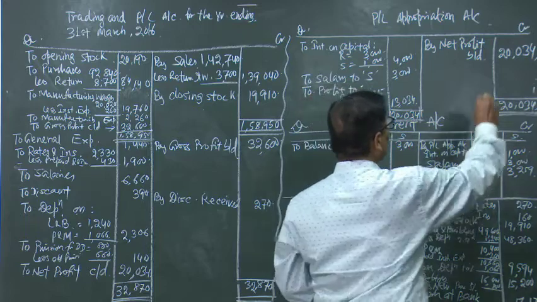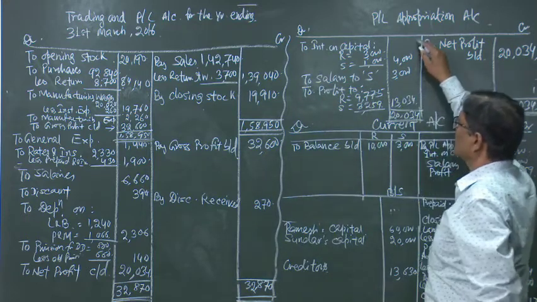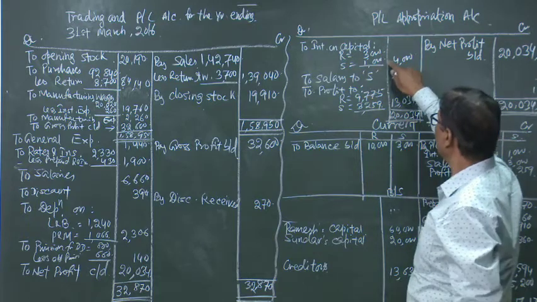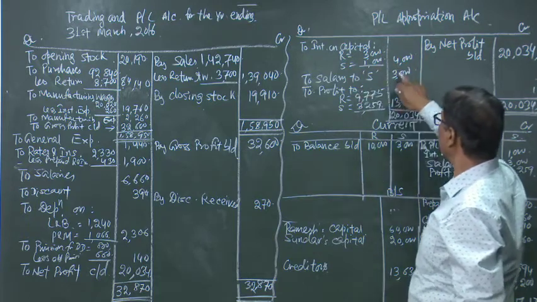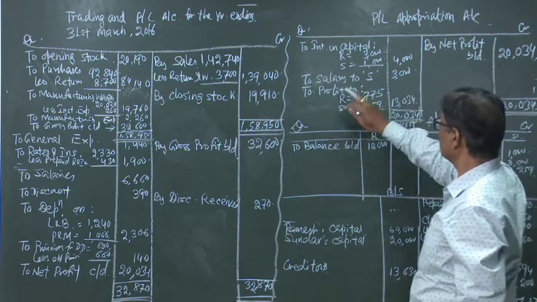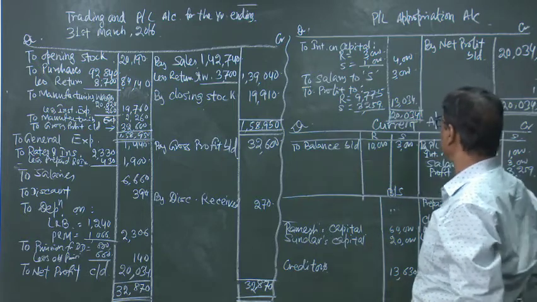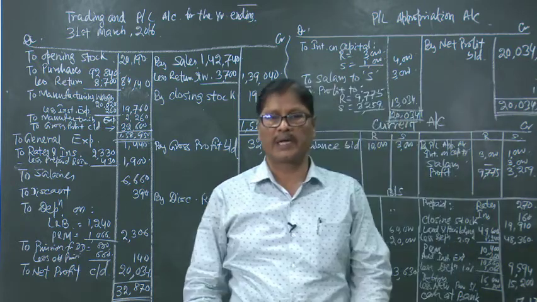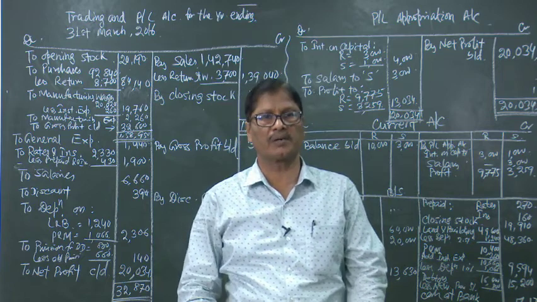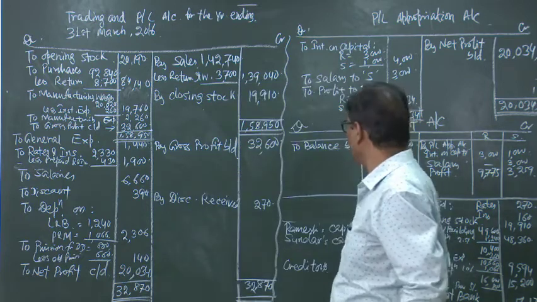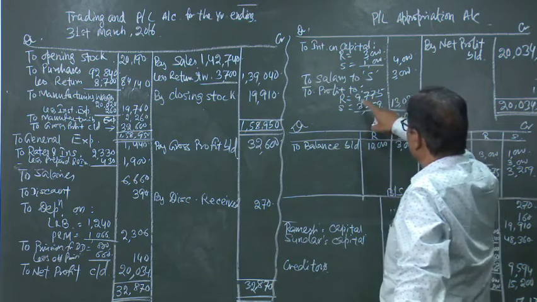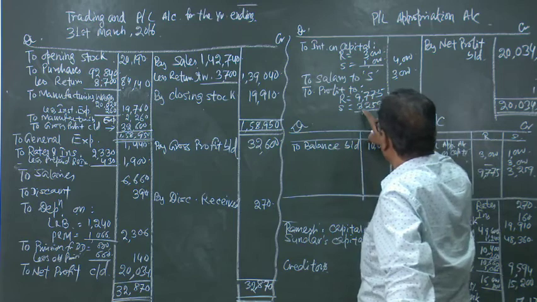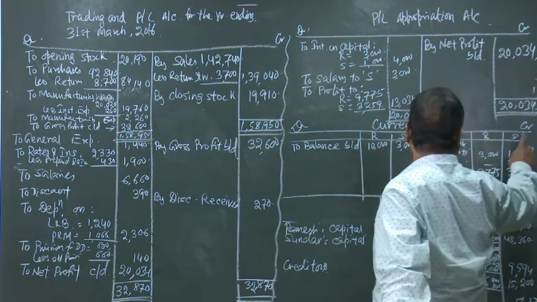So, that 20,034 has been distributed in this manner, that is interest on capital to R 3,000 and to S 1,000, and salary 3,000 to S. Then the remaining profit, that is 13,034, has been distributed in the ratio of their capital, which is 60,000 is to 20,000, that means 3:1. We have divided it, that is 9,775 to R, that is Ramesh, and 3,259 to S, that is Sundar.